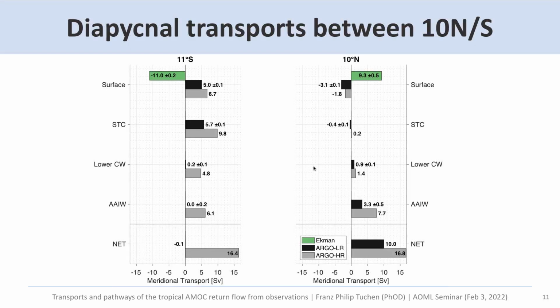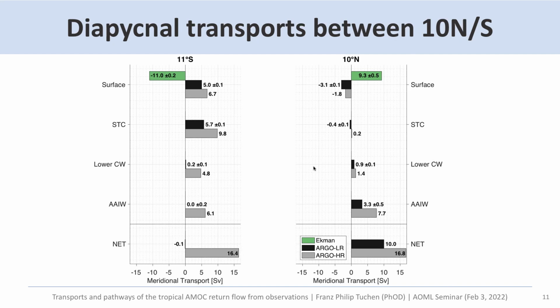Okay, and now coming to the first main result that we found. So this, as I mentioned, is the initial motivation for the study. We just now repeated the analysis before, but now covering the whole basin.